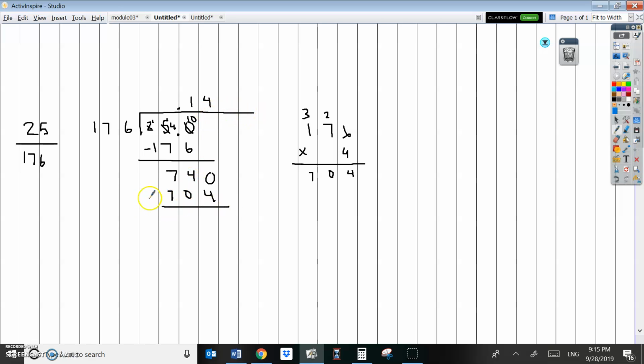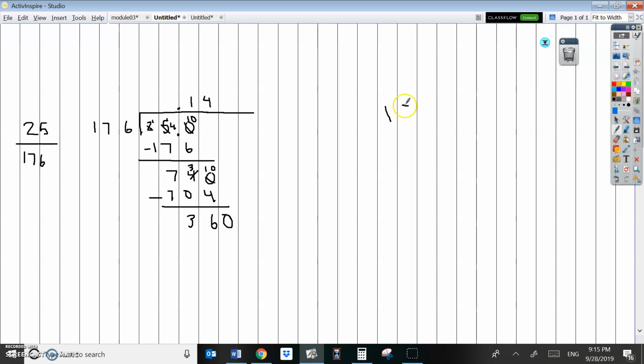And then we subtract. And we get 6 here. Make that into a 10. 36. Bring down a 0. Okay, how many 176s in 360? I think 2.